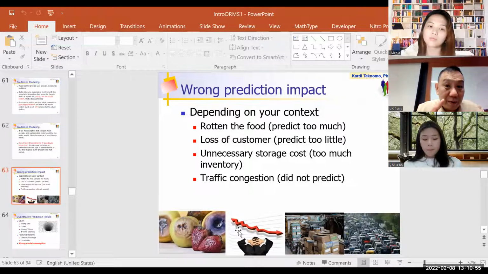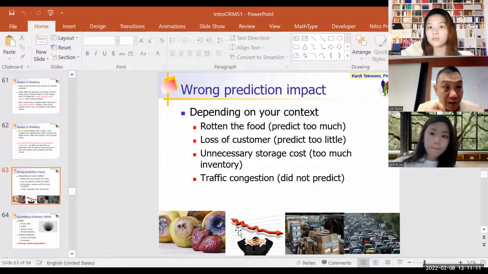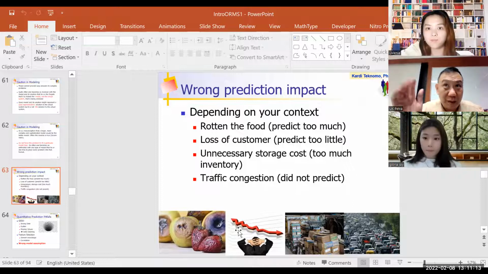At the same time, for example, if there is an event nearby, they will also predict accurately based on several years how much food they should provide. So during the event, you will go to, say, 7-Eleven.